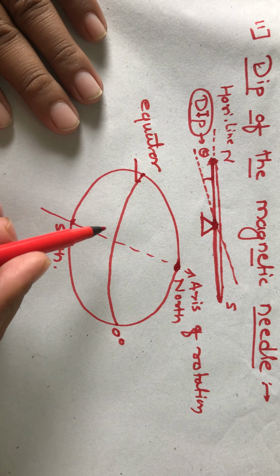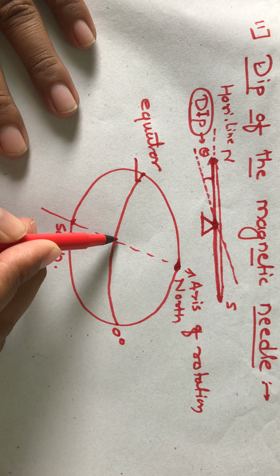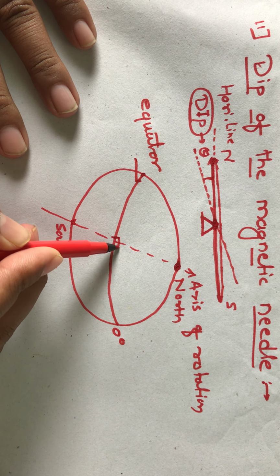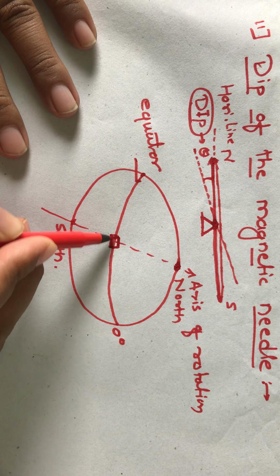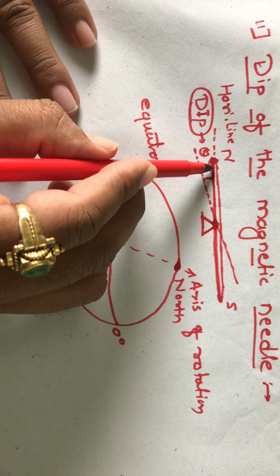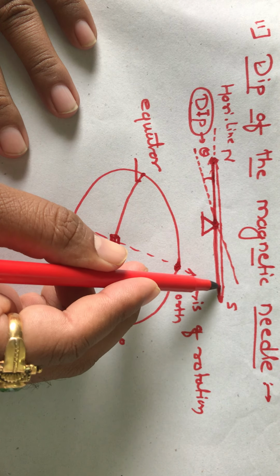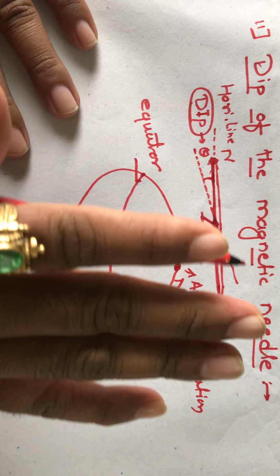When we keep the compass at the equator, the north and south needle will be exactly horizontal.